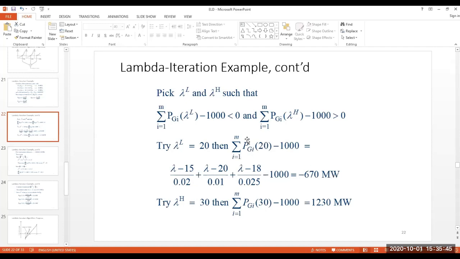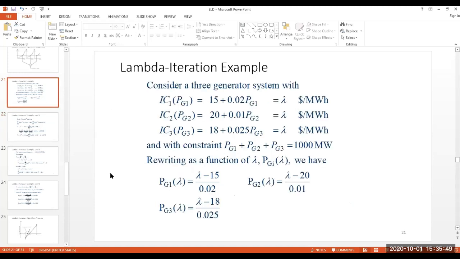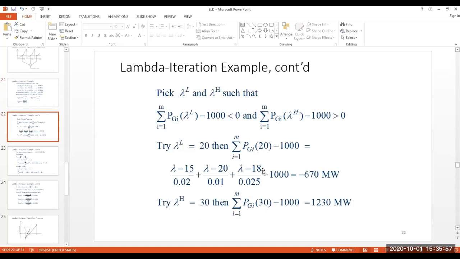What is the summation of PGi? It is a function of lambda. Remember, PGis are now these. What we have done is simply put lambda equals 20 there, so 20, 20, 20, and then subtracted 1000 from that summation, and we get a negative value. So we pick it as our lambda L. Remember, lambda L should be such that this error function becomes negative.